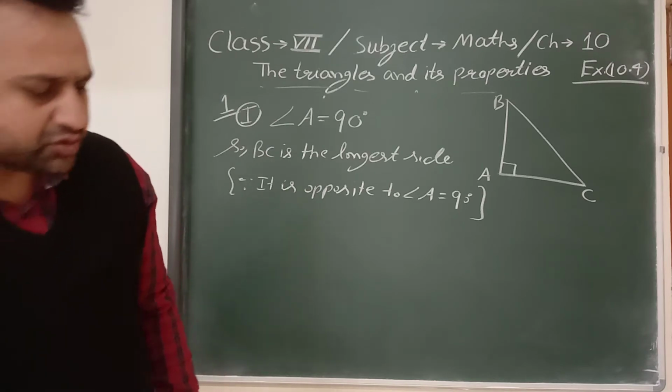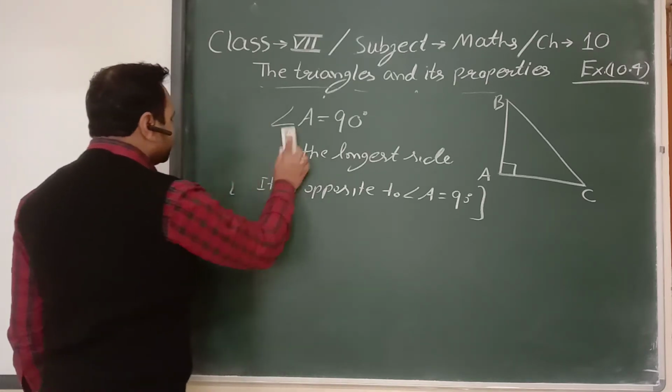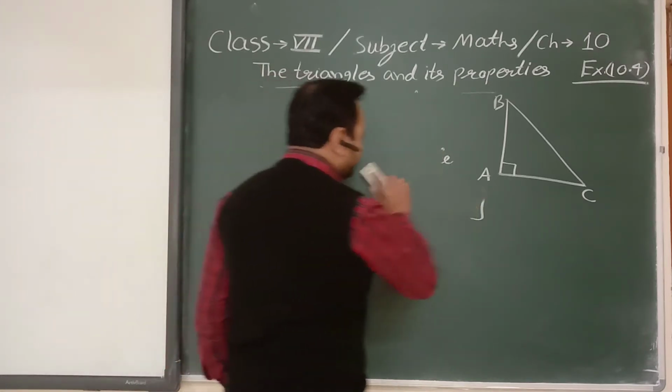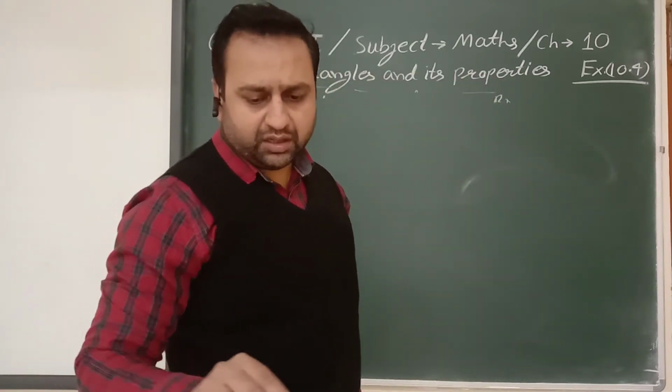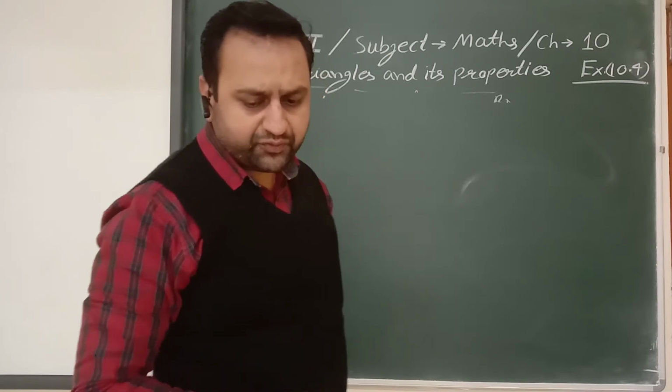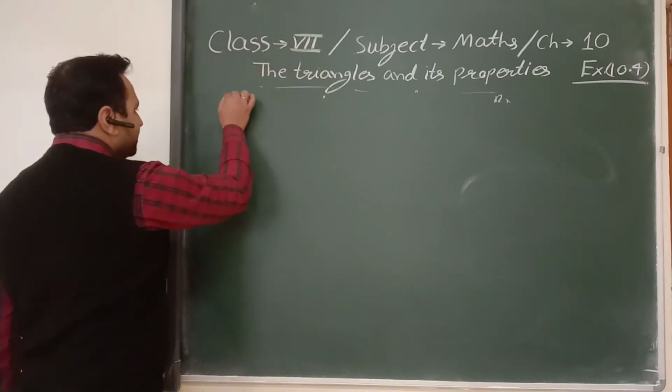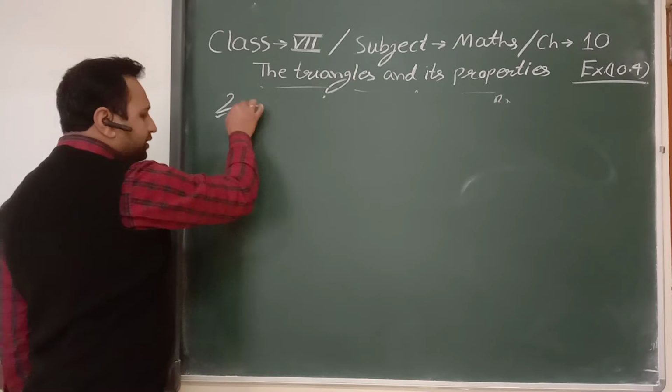Now we just discuss question number 2. In question number 2, there are a total of 6 figures given. So we discuss its first figure, यानी कि first part. Question number 2, first part.